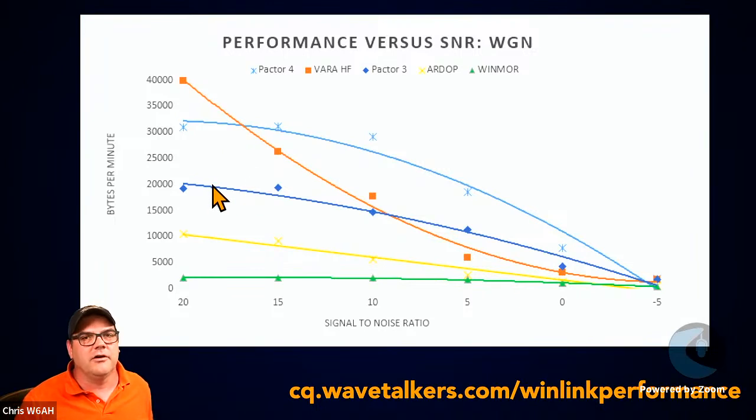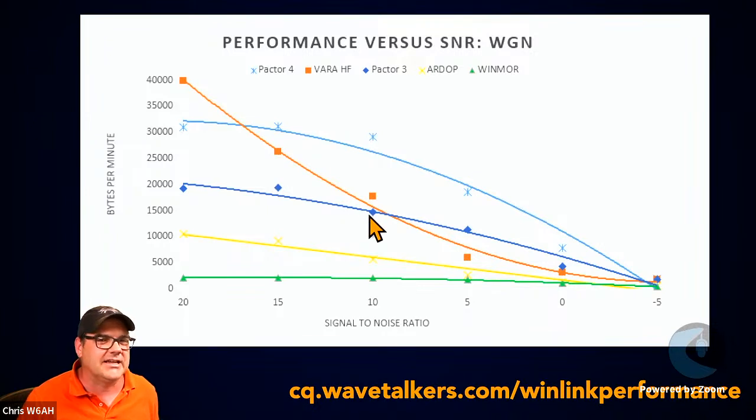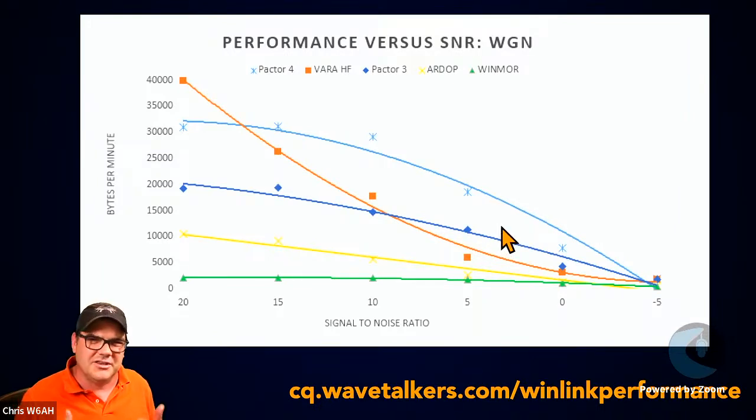In general, though, we are seeing that Vara is outperforming Pactor 3 for decent connections. Once you get closer to the signal to noise ratio where the noise is getting a little bit higher, Pactor 3 is starting to outperform the Vara connection a little bit.